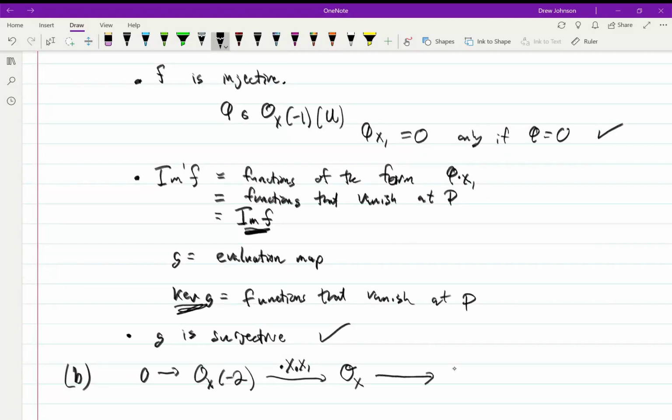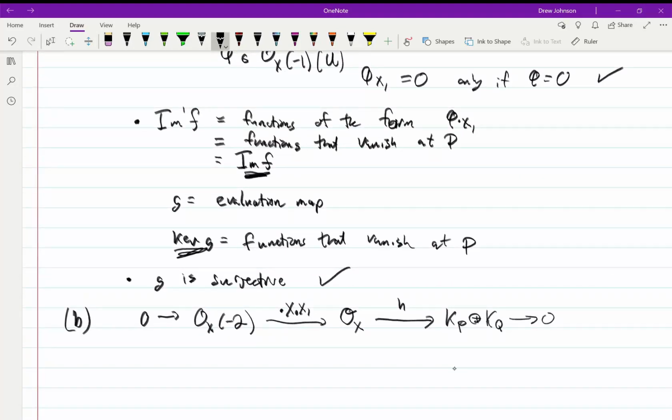And then we'll have, again, h will be the analog of g before. It'll be the evaluation map, this time at the 2 points, K_P and K_Q, where here Q is the other point, (0,1), and P is still (1,0).